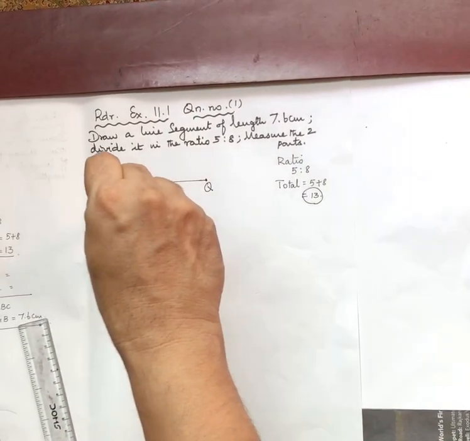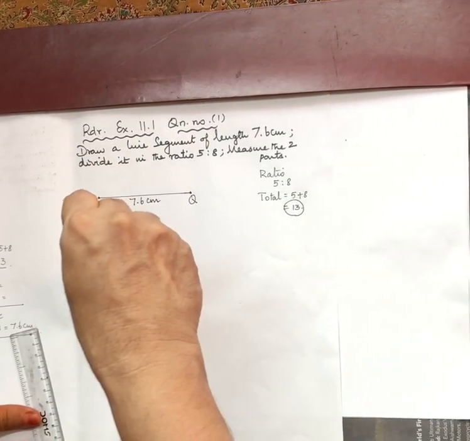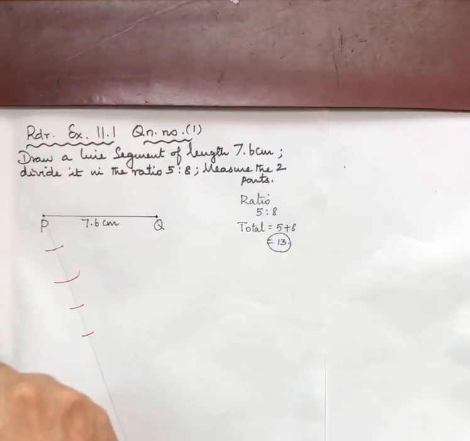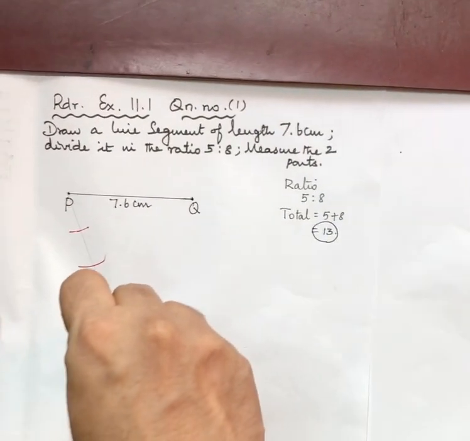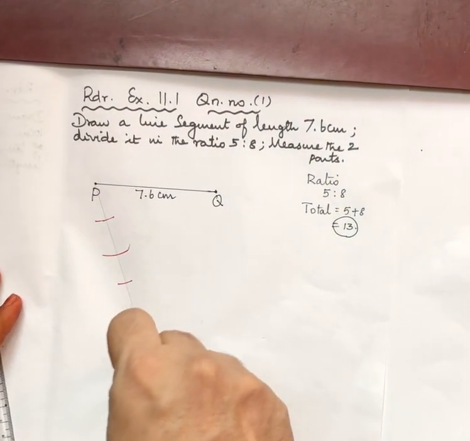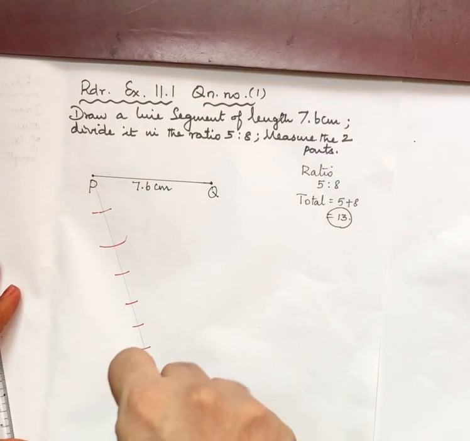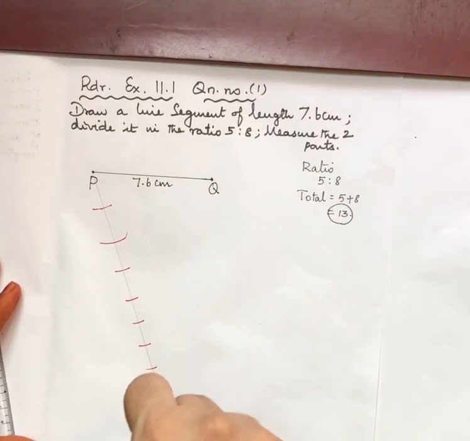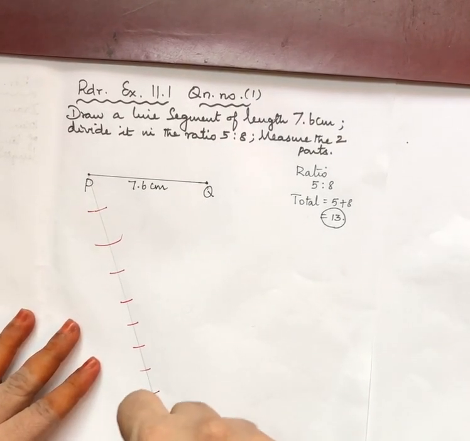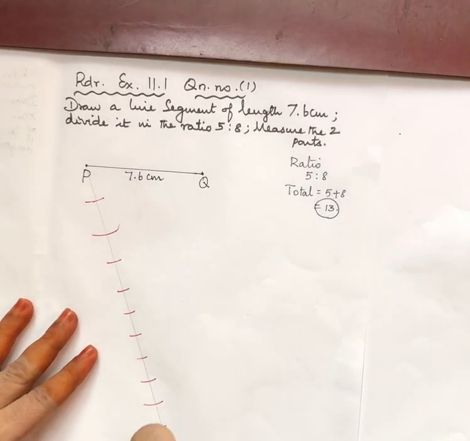Like this you have to make how many arcs? 13 arcs. So, 2, 3, 4, 5, 6, 7, 8, 9, 10, 11, 12, 13.